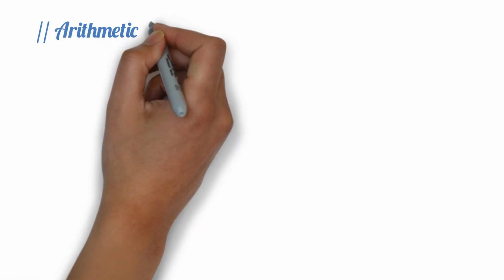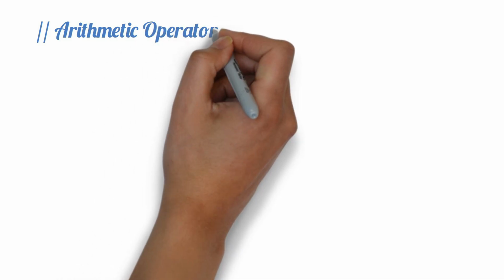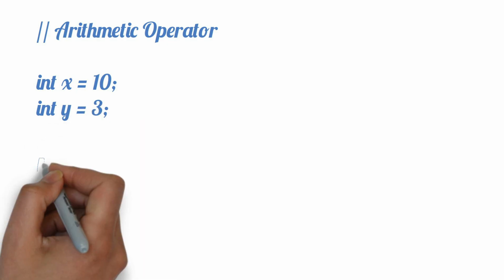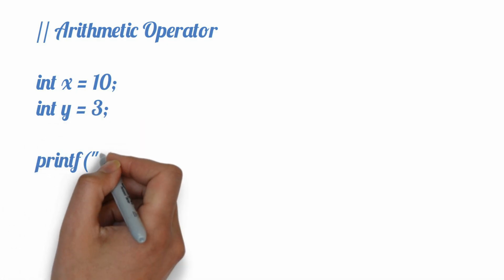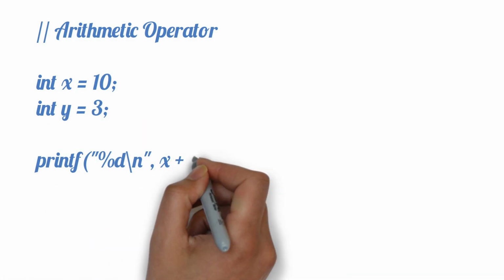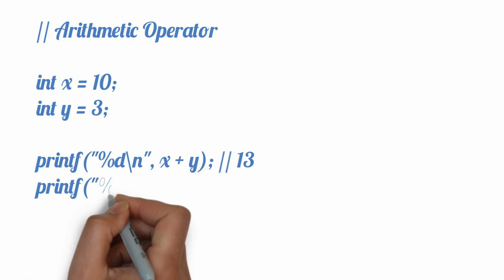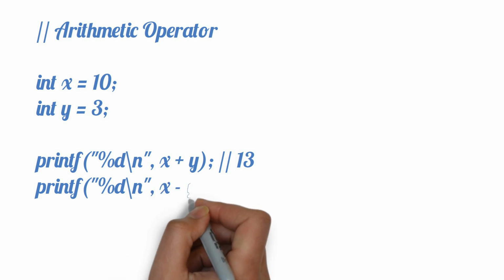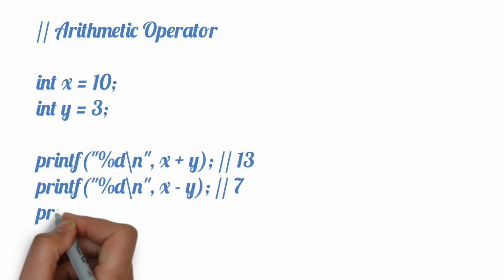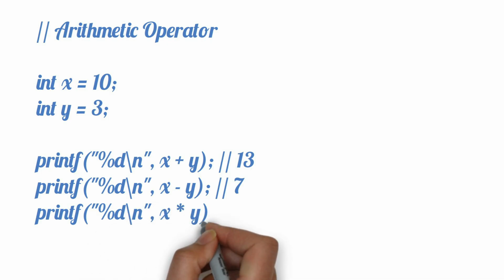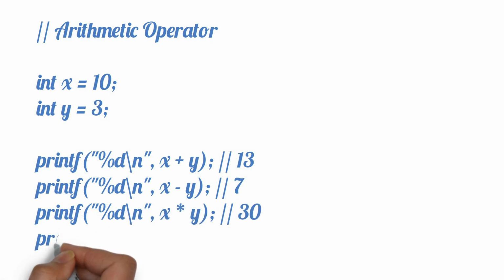Now, just check this code. I'm assigning a value of x equals 10, that is of type integer. Next, I'm assigning the value of y equal to 3. Next, I'm printing the value of x plus y. As you know, x plus y will give us a value of data type integer.